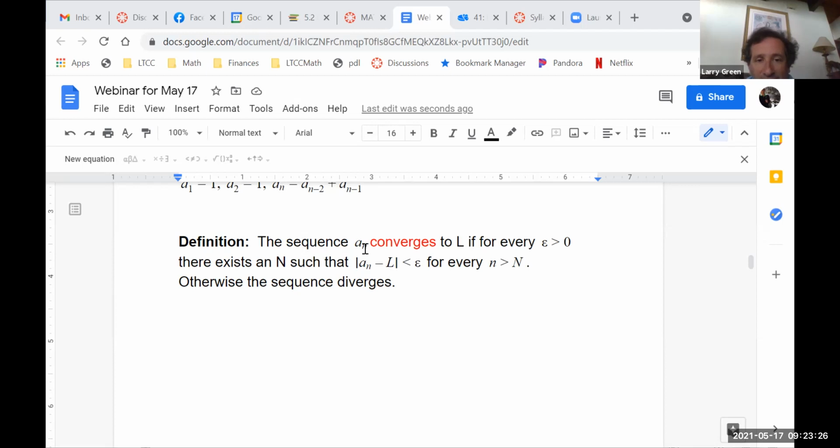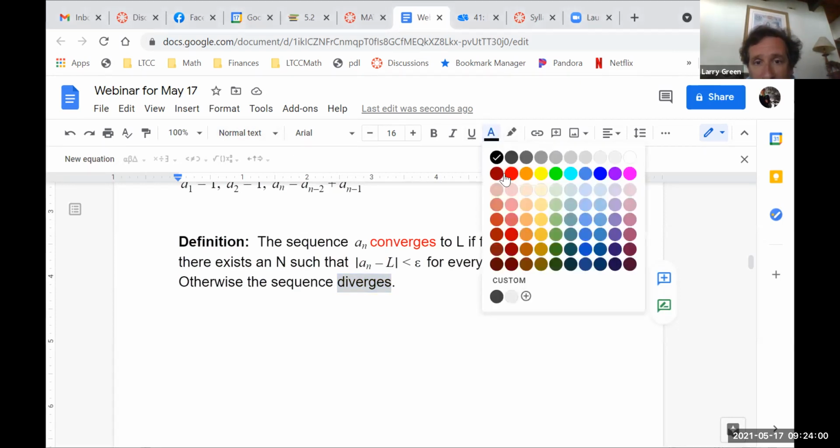So a sequence a_n converges to a limit L if, and you're used to this in calculus, if for every epsilon greater than 0, there exists a capital N such that the absolute value of a_n minus L is less than epsilon for every lowercase n greater than capital N. And then otherwise, instead of converges, we say the sequence diverges.